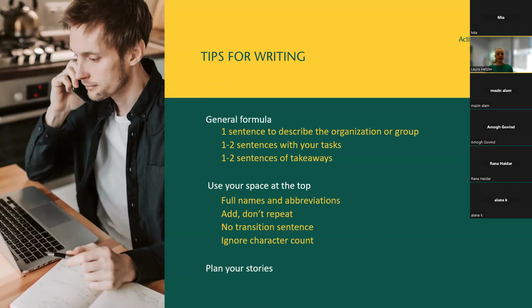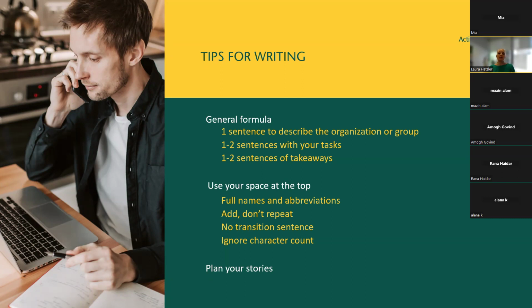You might start with a sentence describing the organization or group, particularly if it is Wayne State, Southeast Michigan, or Detroit specific, or maybe something that's specific to a particular cultural group, something that is not widely known. So I'm thinking, for example, of CASA, the Chaldean American Student Association, which is a very active pre-health group on campus.